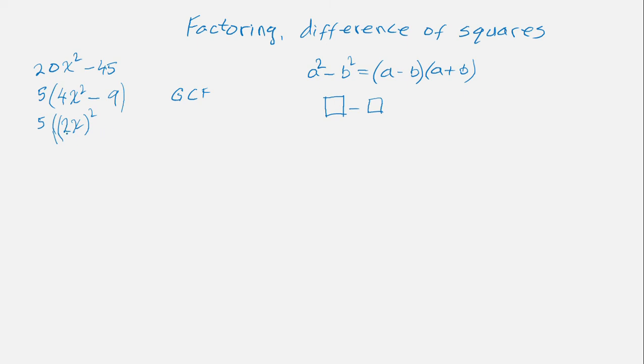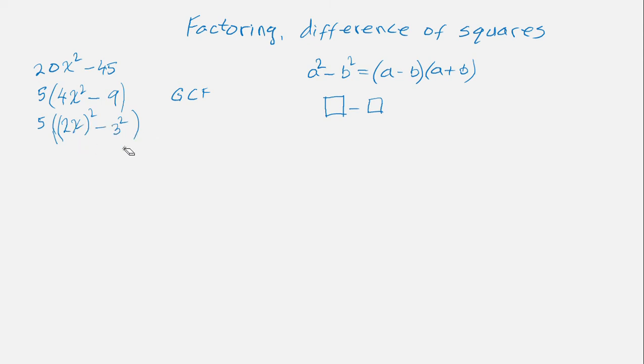If you check, 2 squared is 4, and then x squared is just x squared. Minus, and then 9 is actually 3 squared. So now we have something squared right here, 2x squared, minus something else squared. So it's a difference of two squares.